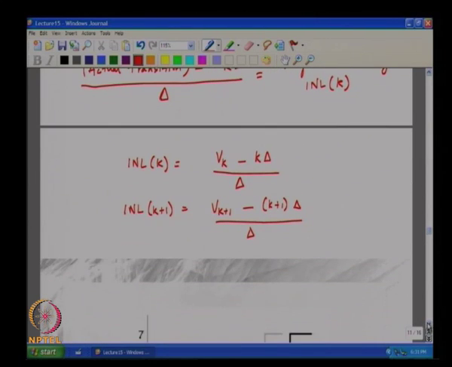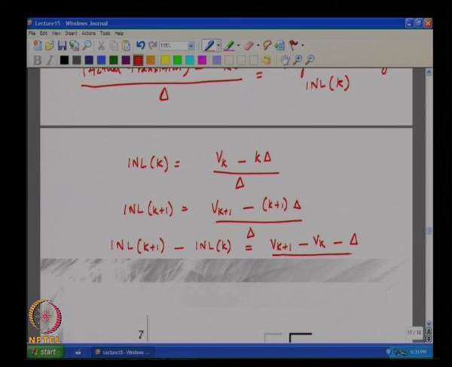So, what is INL of k plus 1 minus INL of k? It is simply V k plus 1 minus V k minus delta, divided by delta, and this is nothing but the DNL of k, right. I mean, this is not rocket science, okay.